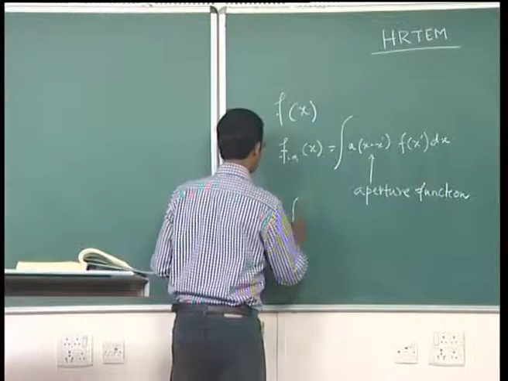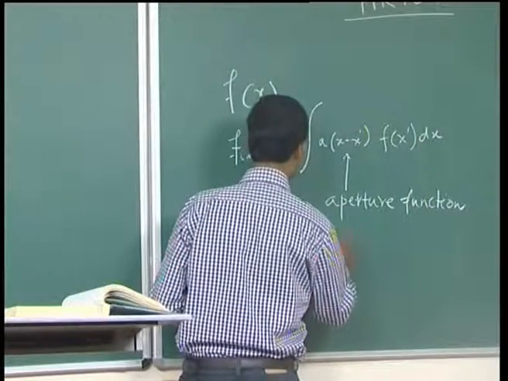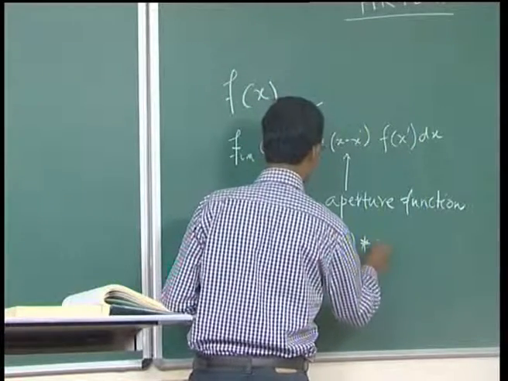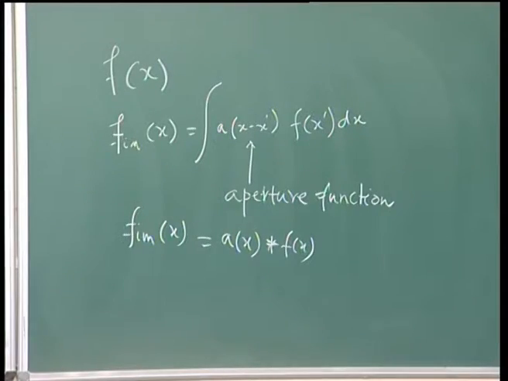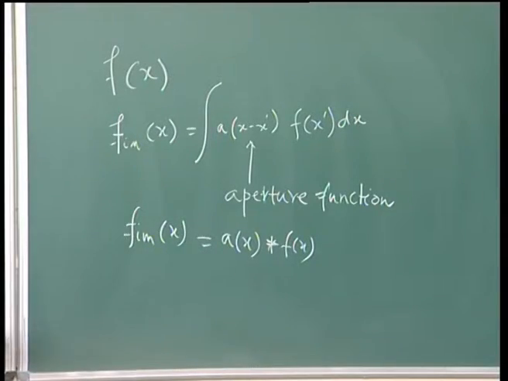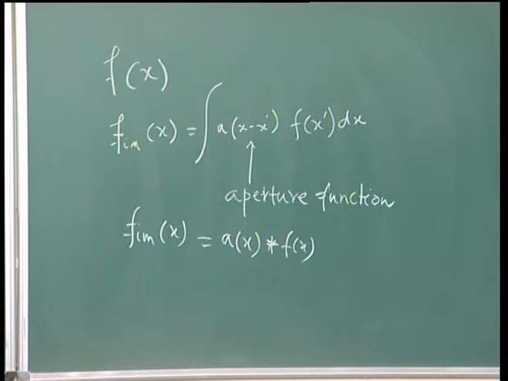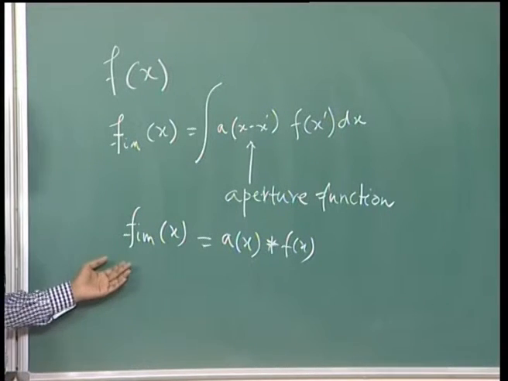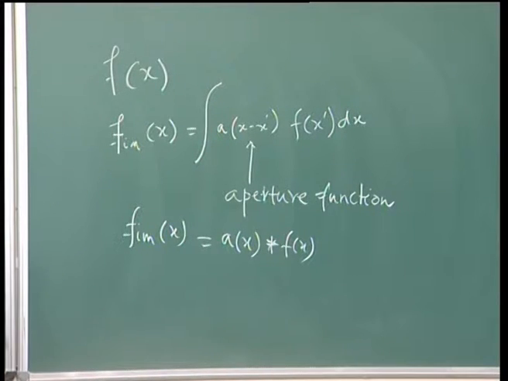You can actually take the convolution of these two, a(x) and f(x), giving rise to the image function. So, this integration of the aperture function and the object can be simplified as the convolution product of a(x) and f(x).